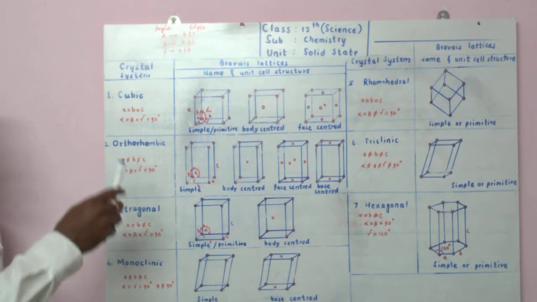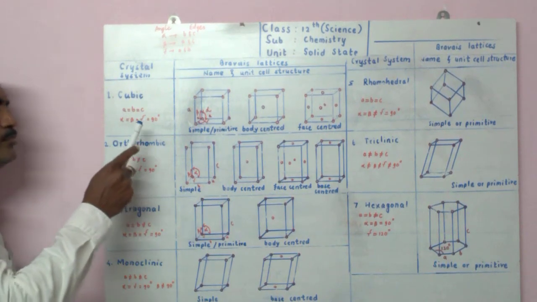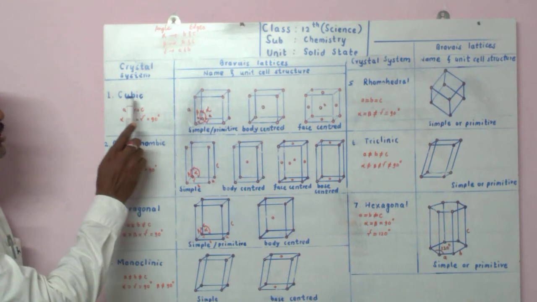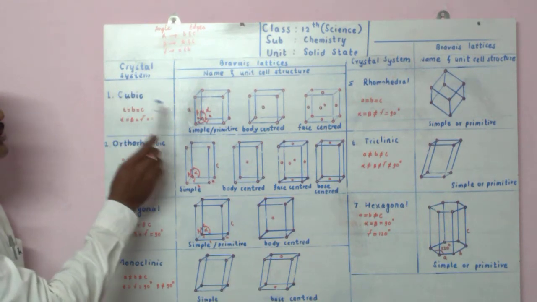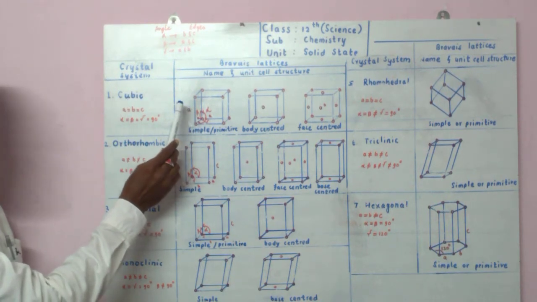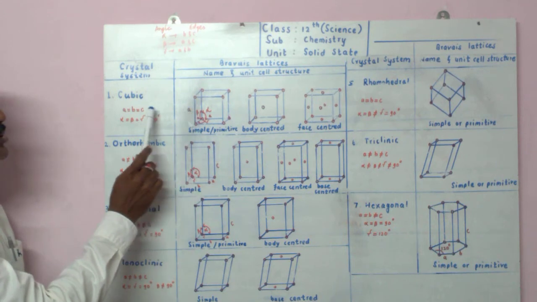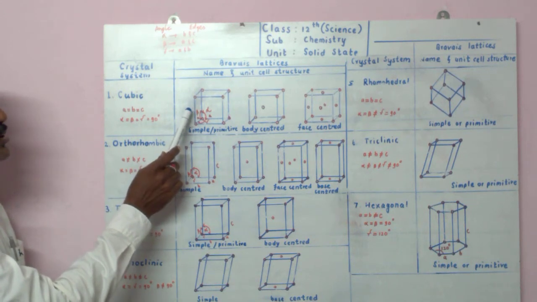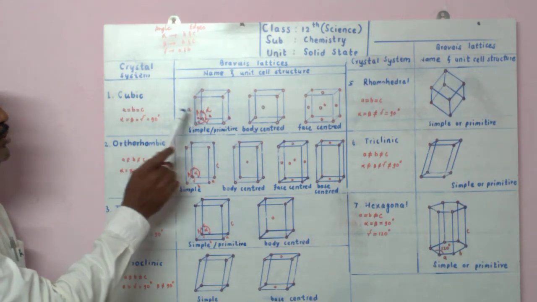So here in the cubic crystal system, the edge lengths are a equal to b equal to c.